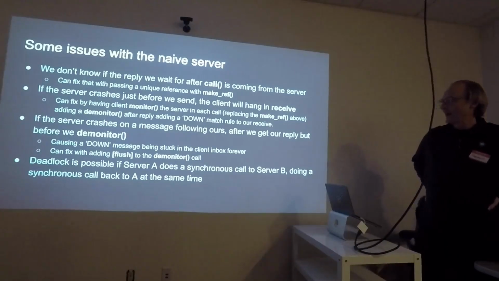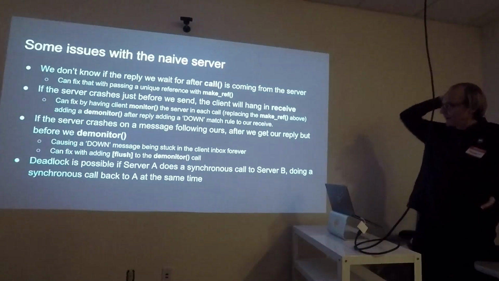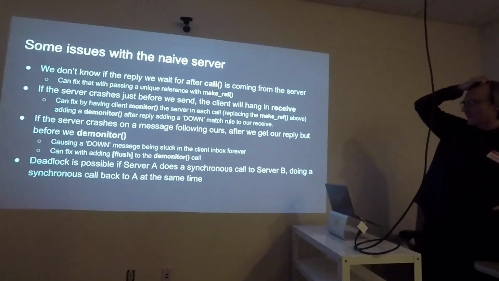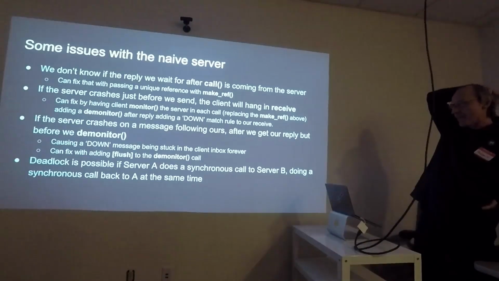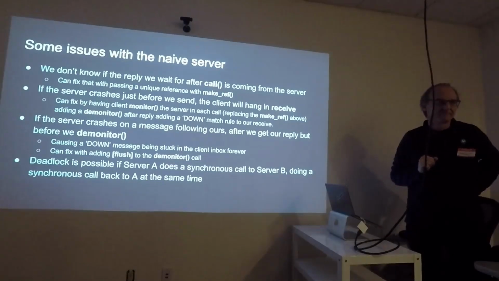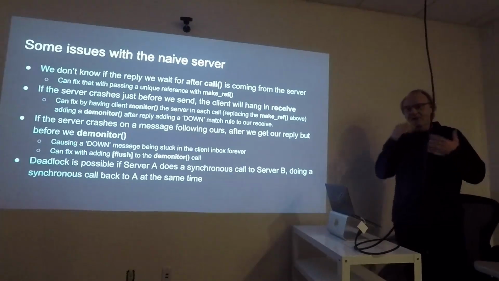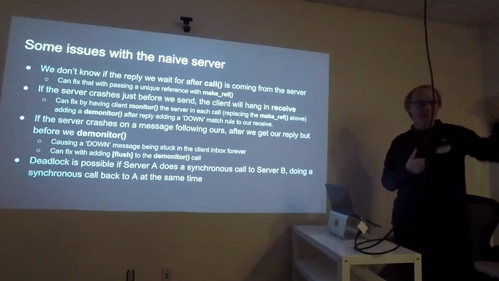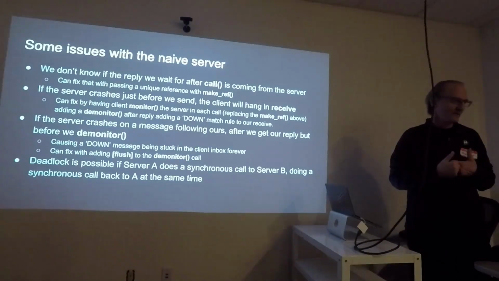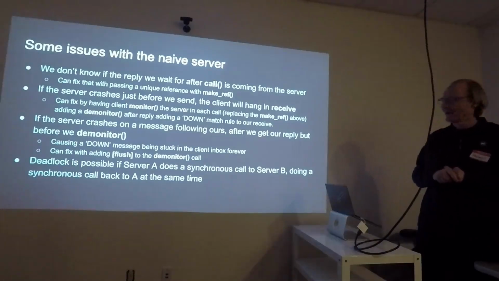So the first one is that we might get a reply from somebody else. That's a big problem, right? If our client is getting a message from somebody that's not the server it called, that's a nasty problem.